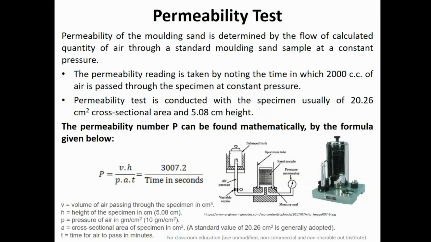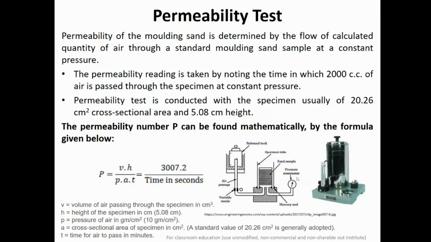Then there is an arrangement holding your standard sample, and to the bottom of this sample the tube coming from the water tank is connected with the sample chamber, and there is another tube which gives a reading of the pressure through a manometer.